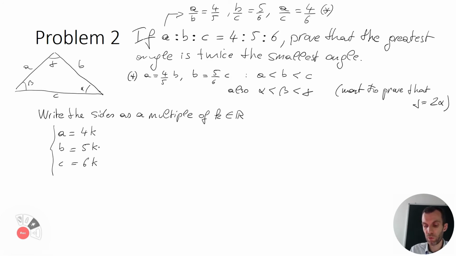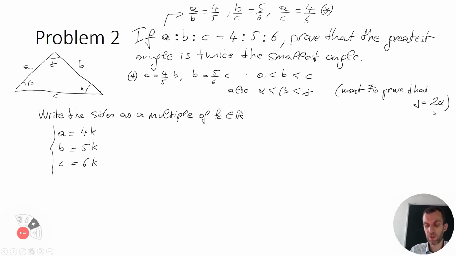And if you go back to our proportionality formulas, if you divide A by B, you get 4 over 5, and k just drops out. So k is a degree of freedom that we know is there, and we're going to take it along in our computations, but eventually we're going to see that it doesn't matter for what we want to prove.